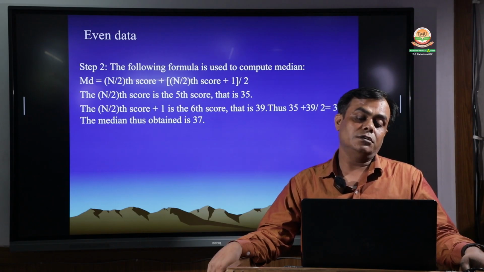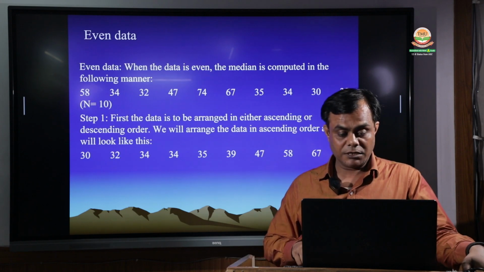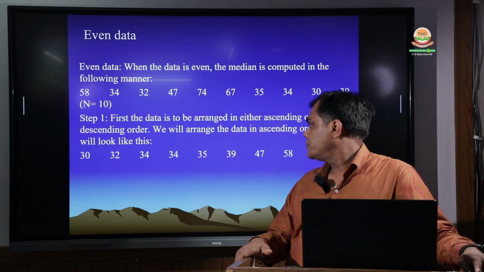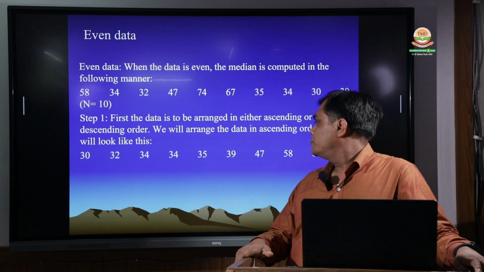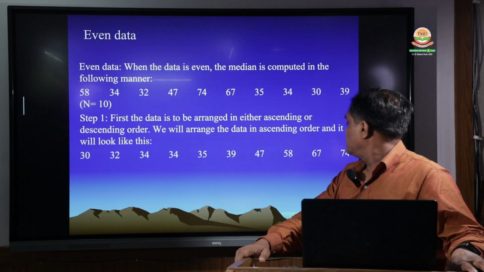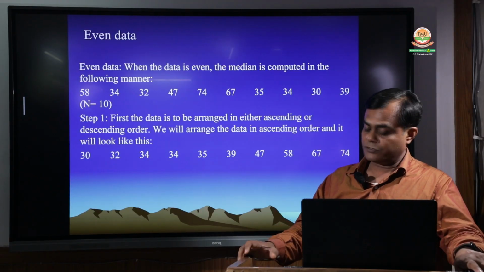So we can say that the median obtained is 37 for the data 30, 32, 34, 35, 39, 47, 57, 67 and 74. So here the median value is 37.